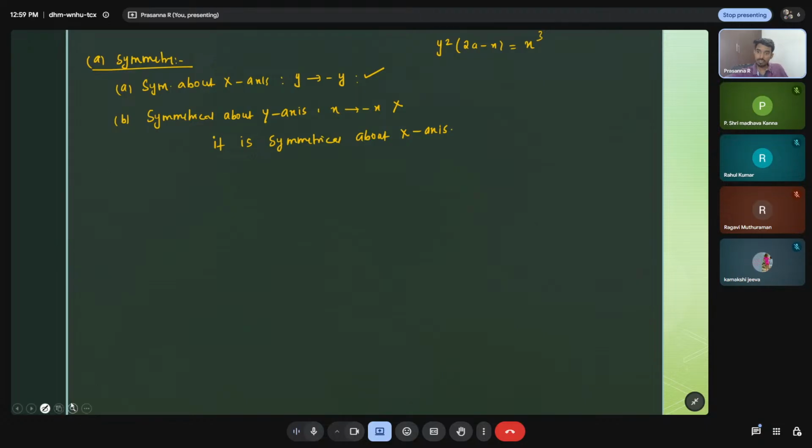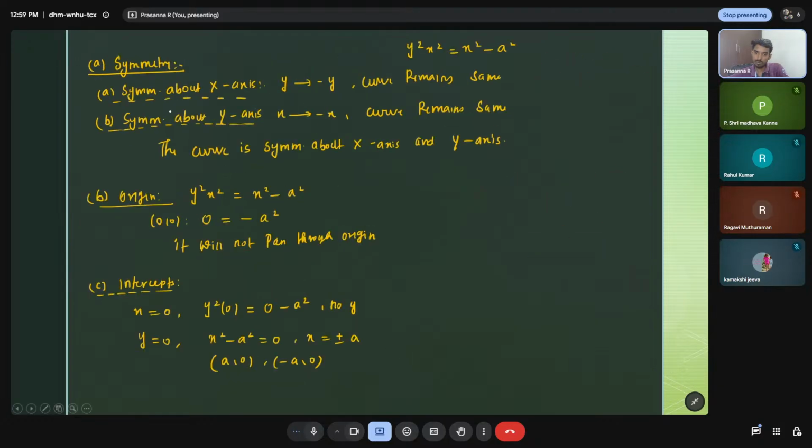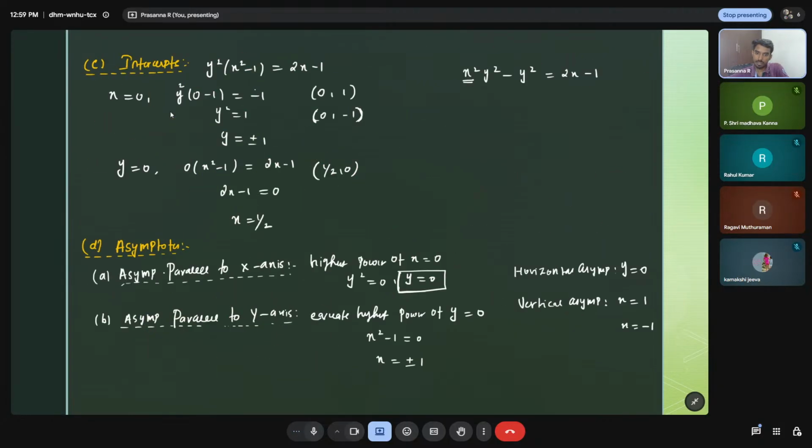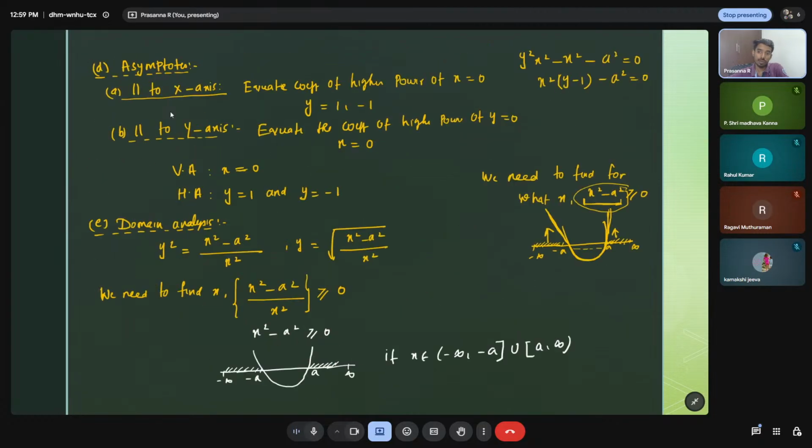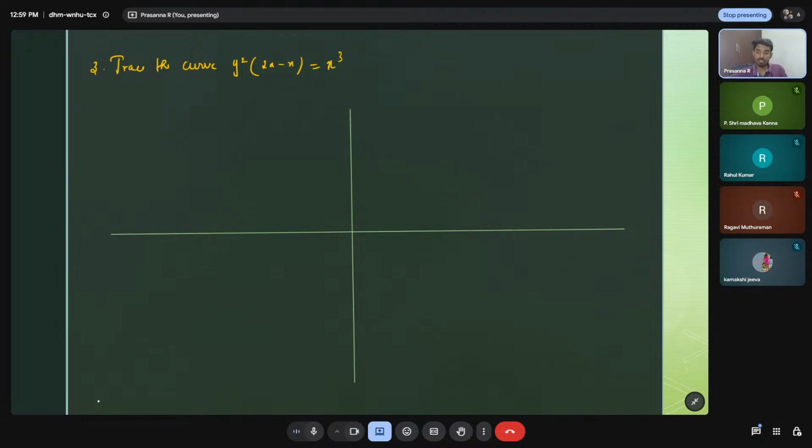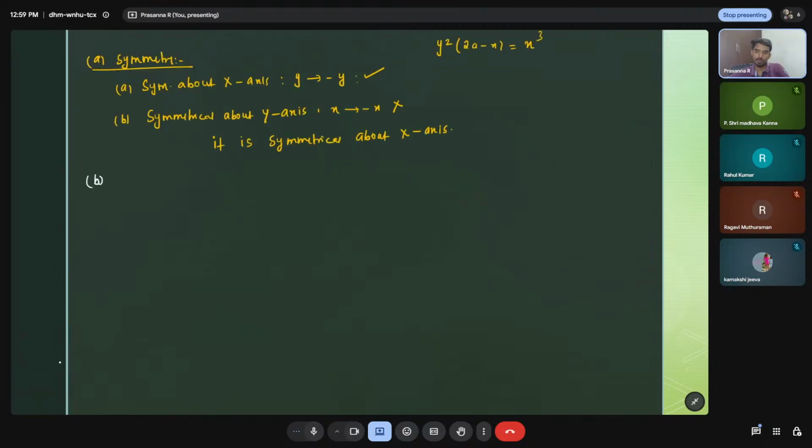Now we'll see whether it is passing through the origin. The first two problems were not passing through the origin. If it is passing through the origin, we have to find the tangent at the origin.